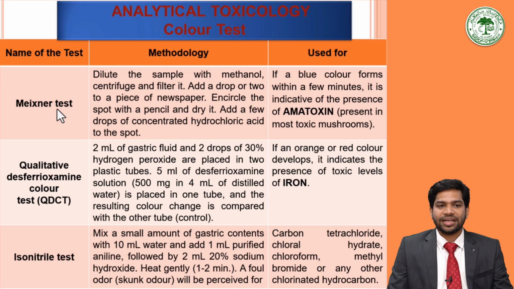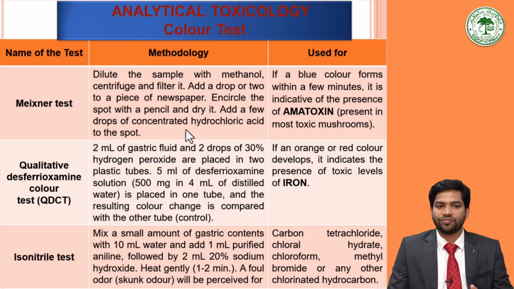Then the Meixner test. This is done for the mushroom poisoning that contains the amatoxins. Under this test, dilute the sample with methanol, centrifuge and filter it, and add a drop or two to a piece of newspaper. Encircle the spot with a pencil and dry it.